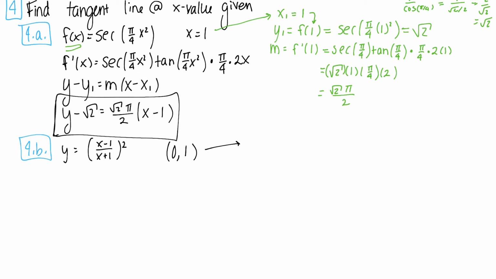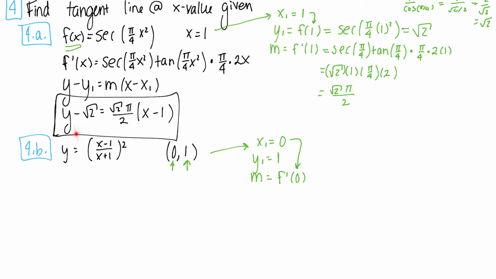So once again, for a tangent line, you need an x value, a y value, and a slope. The x value is 0, and then the y value you don't even have to find because it was given to you, so it's 1.